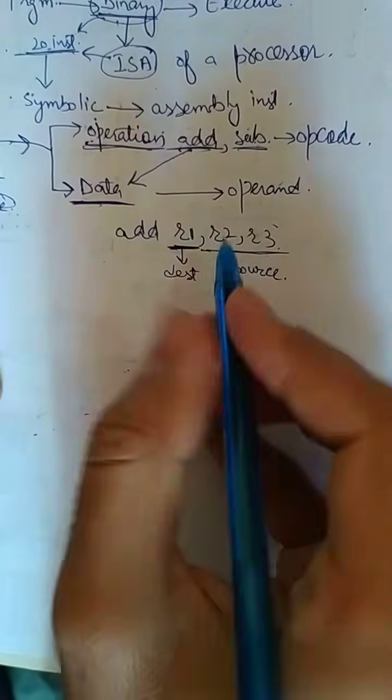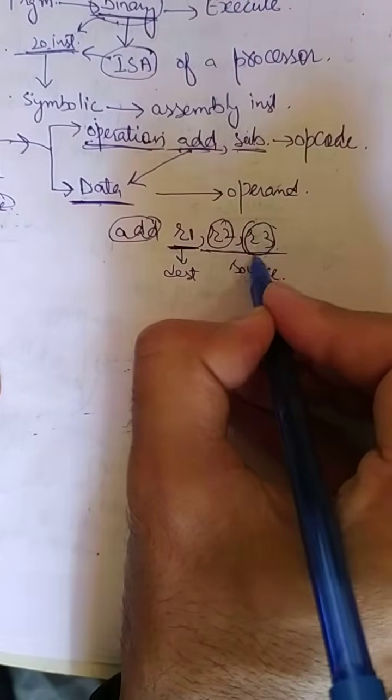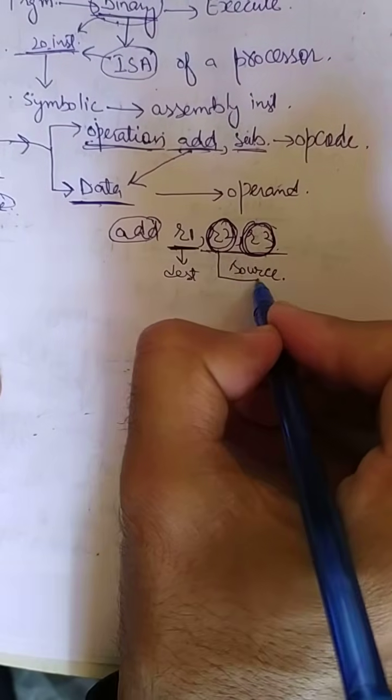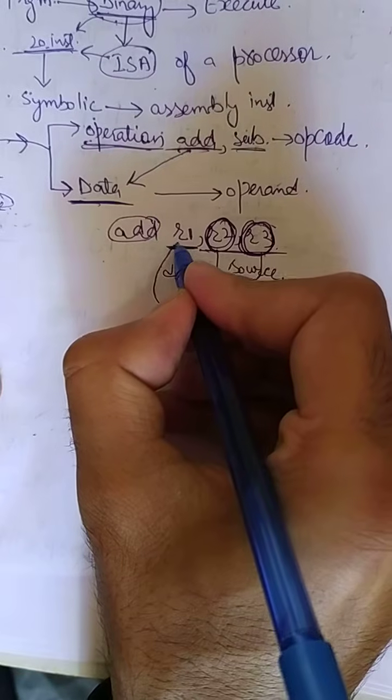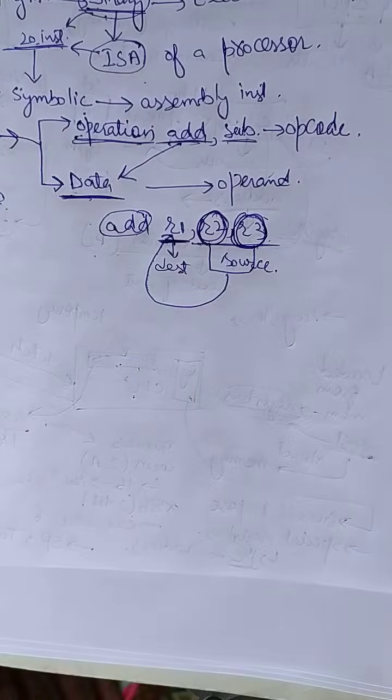Source operands means that I have to apply this operation on the data stored in these locations. Okay, and after applying the operation, the final result is stored in the first register. This will be the assumption that we will hold in the entire course.